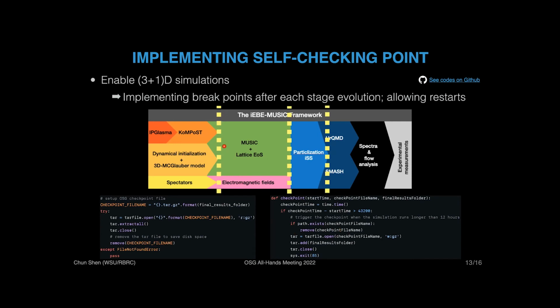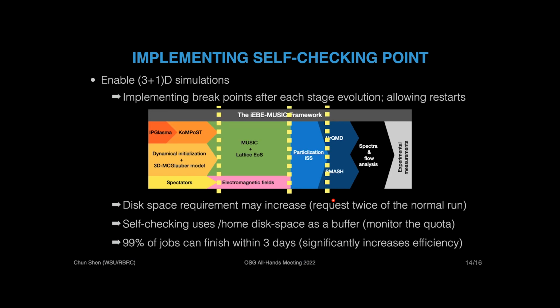Then at every stage, we can unzip these files when we restart the simulation at a later time. We set the restarting time for the checkpoint to be about 12 hours, so that we can run at least 1 or 2 stages of these multi-stage evolutions, and then restart the simulation from there.